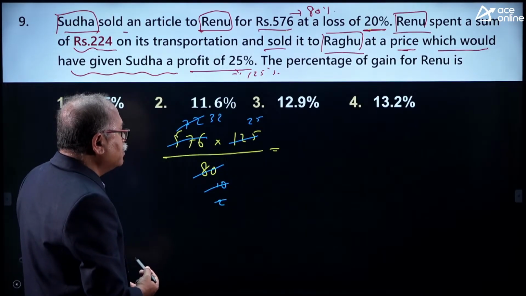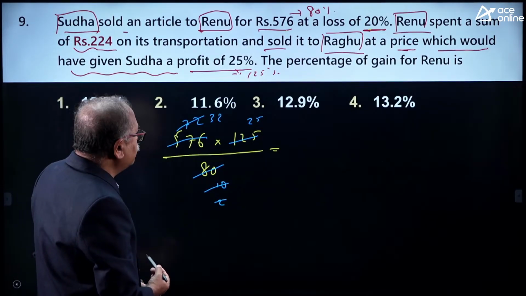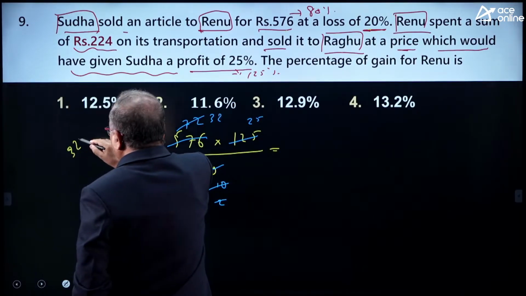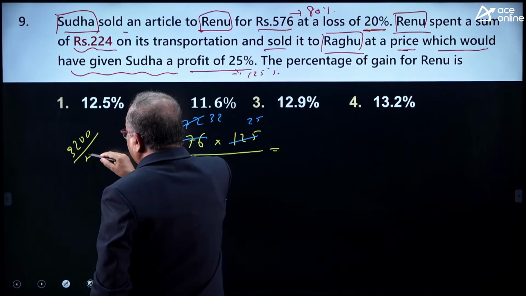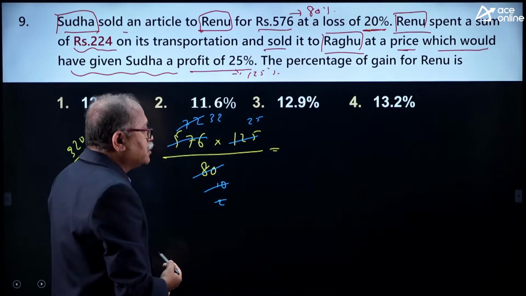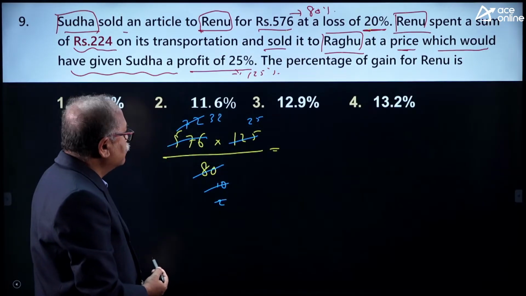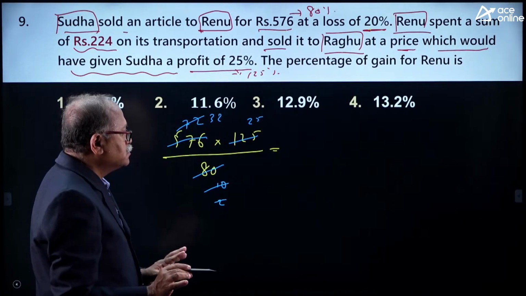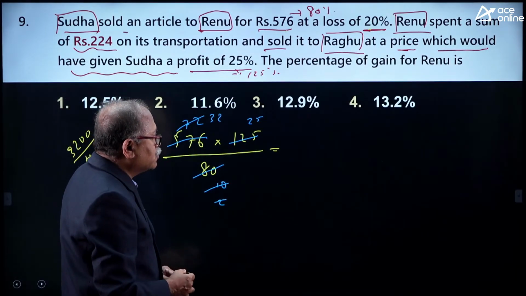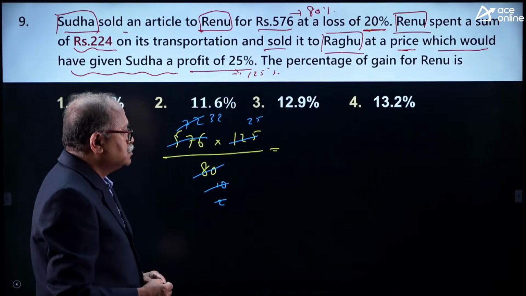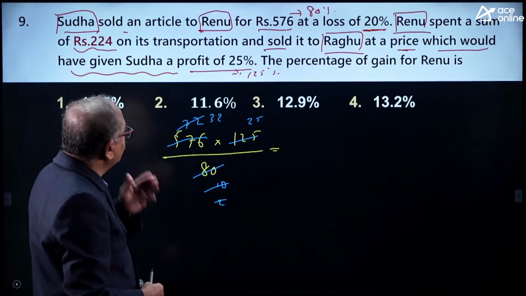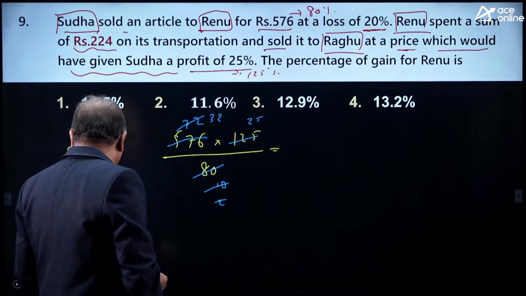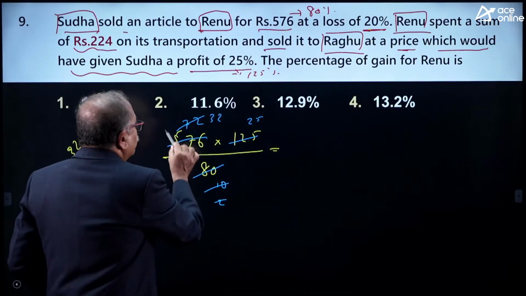Will that be 900? 32 followed by 0 divided by 4, so that comes 800. Is my calculation going right? I think I made some mistake in the calculation over here.